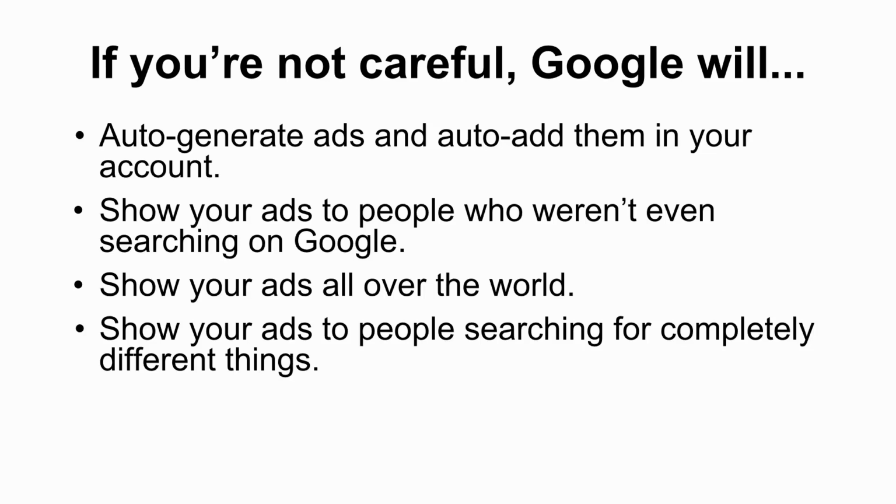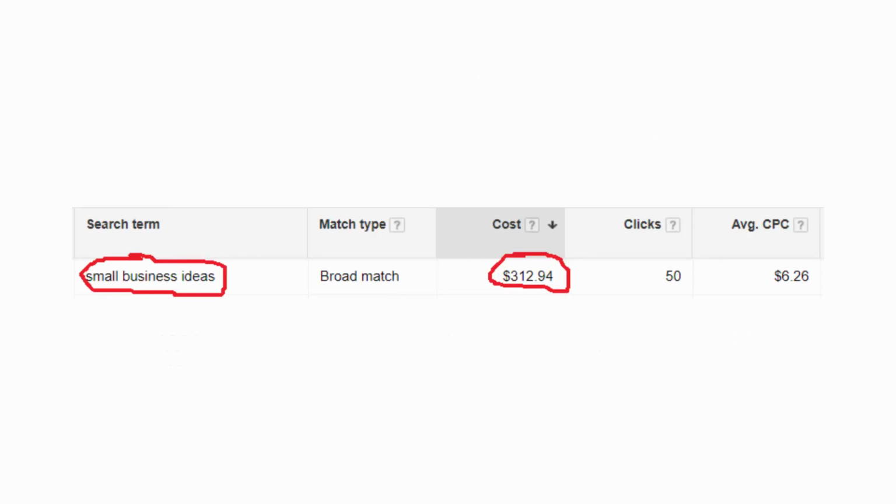Let me just show you a few examples here quickly. This is a search term inside an account for a company that was selling franchises, and they were targeting keywords related to franchise opportunities. Google matched up this search term, small business ideas. Now, you could argue this is somewhat related, but really someone who's on Google searching for a small business idea, do you really think they're in the market to invest in a 100K plus franchise opportunity?